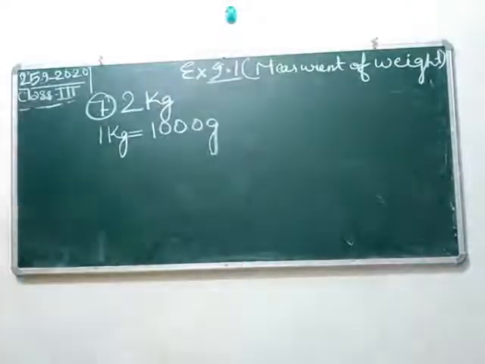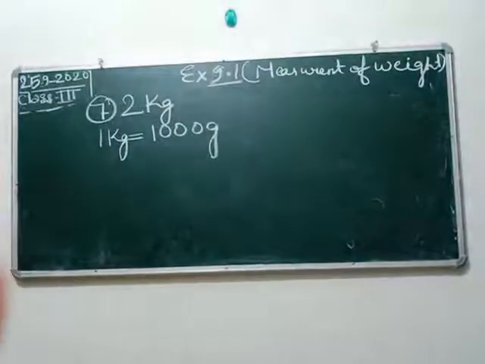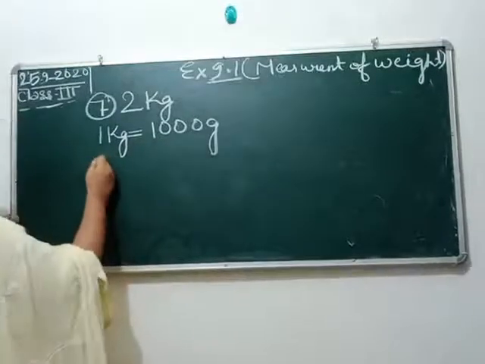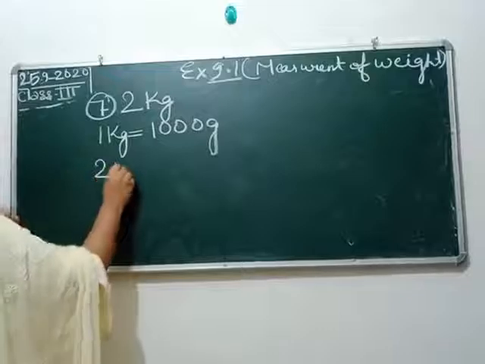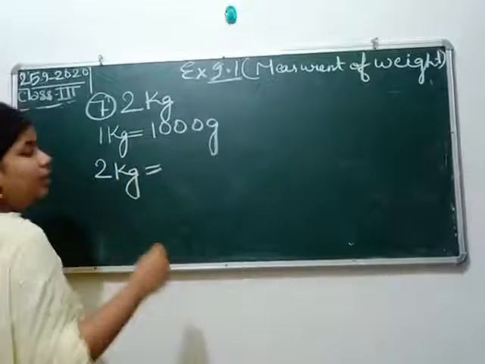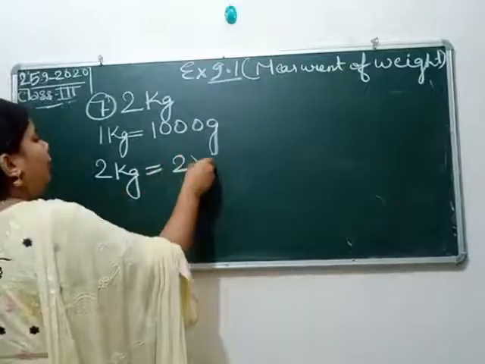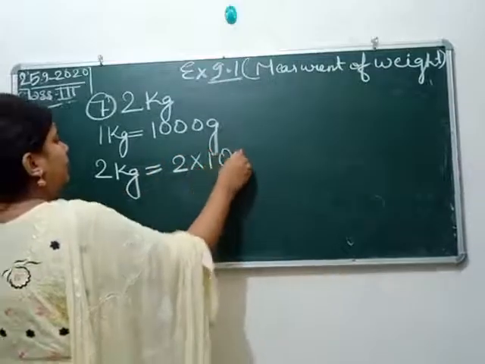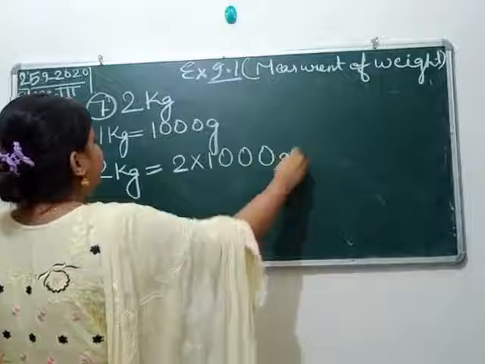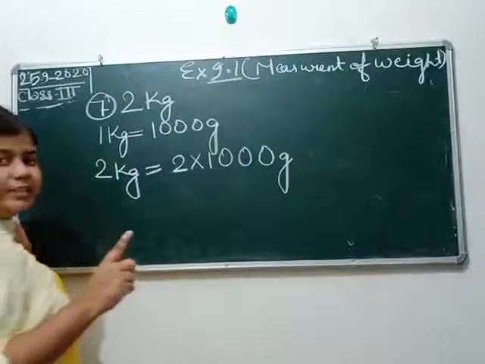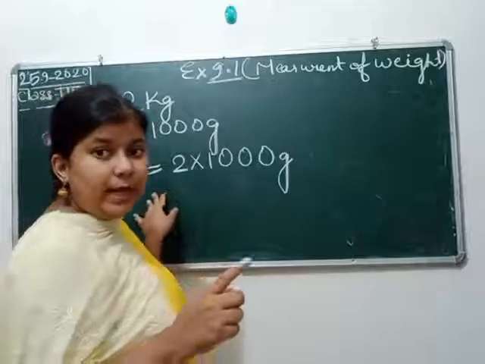Okay, now 2 kg is equal to how much? 2 into 1000 gram. So if 1 kg equals 1000 gram, 2 kg is equal to 2000 grams.